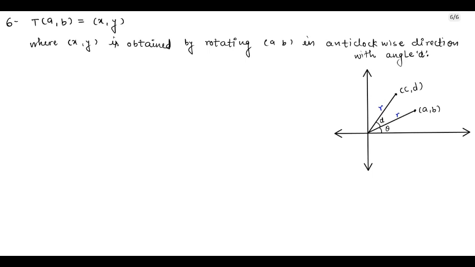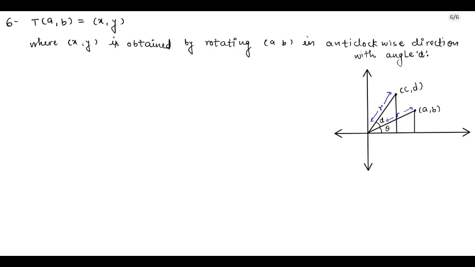Does the distance from the origin change or not? Not changed. But the perpendicular, the height, is changed. The length is not changed, the argument is not changed.